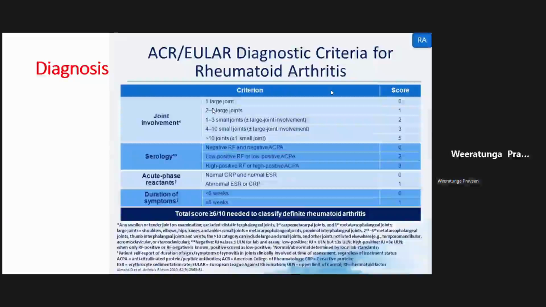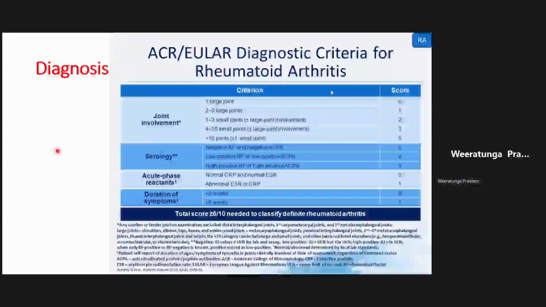If it is less than that, you call it early arthritis. There are new terminologies for that. But to make a diagnosis of rheumatoid arthritis, the symptoms should be there for at least 6 weeks. So this is the diagnostic criteria for rheumatoid arthritis.